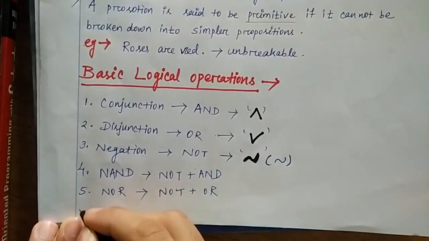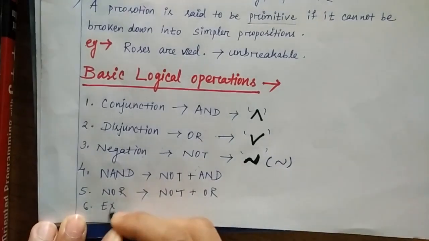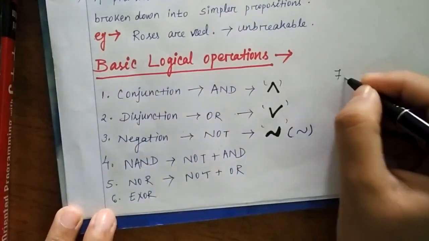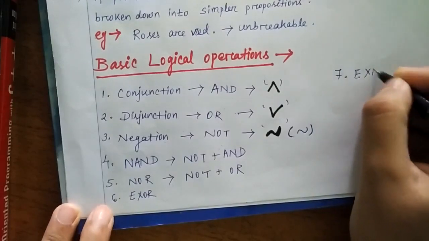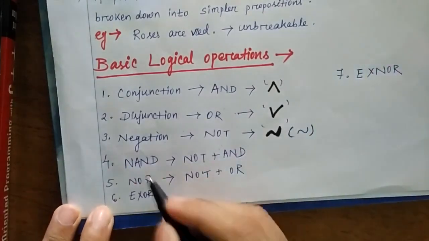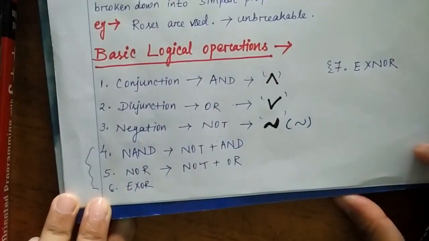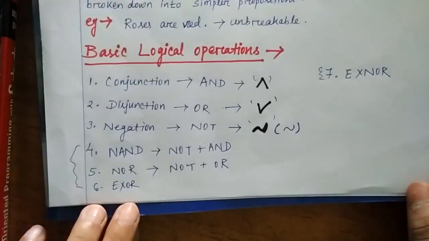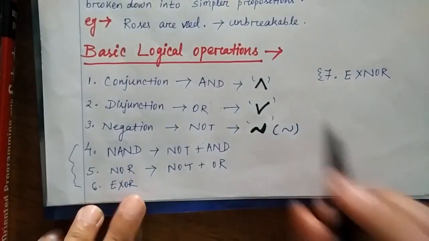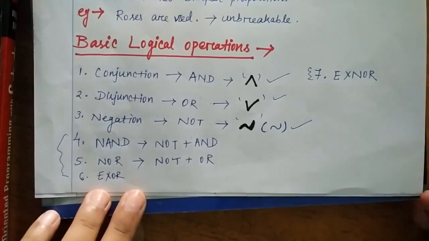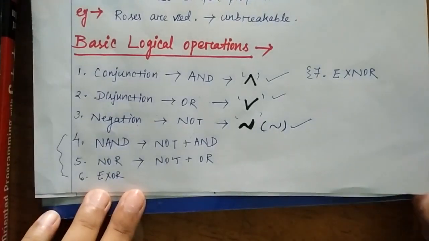And two more are there, XOR and XNOR. Actually, these four we don't use in discrete mathematics, but they are there as logic operations in digital electronics. So for the time being you should know these three. Then we'll see the truth tables of these logic operations.